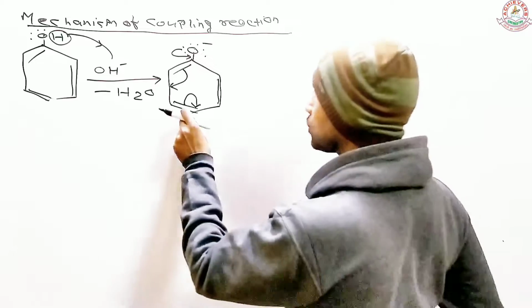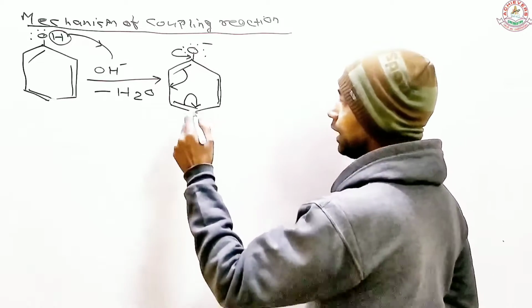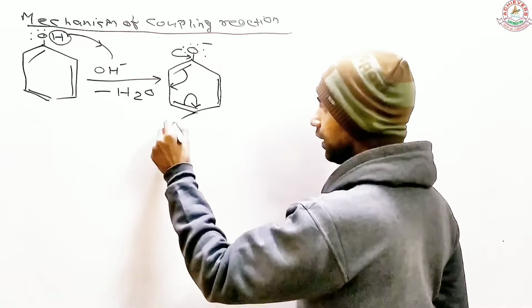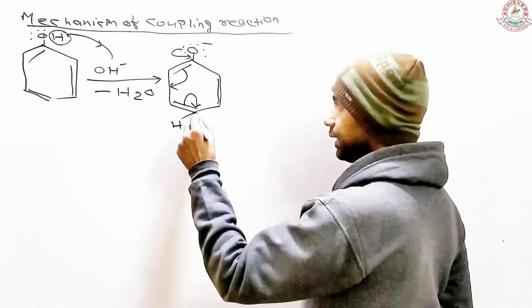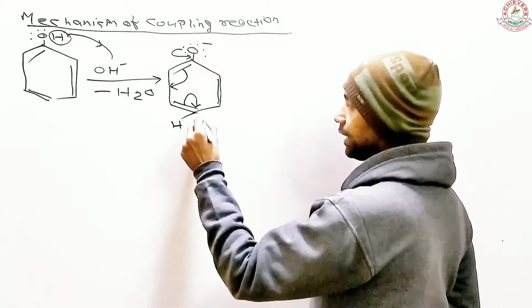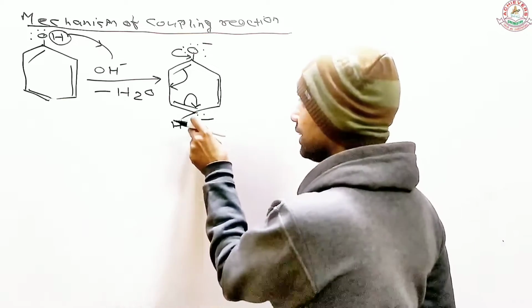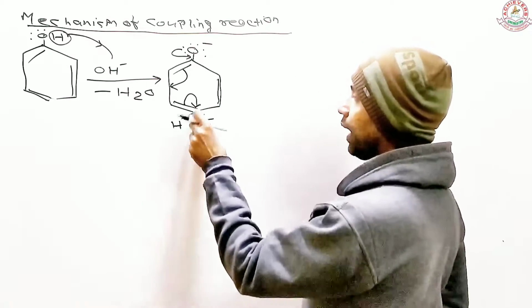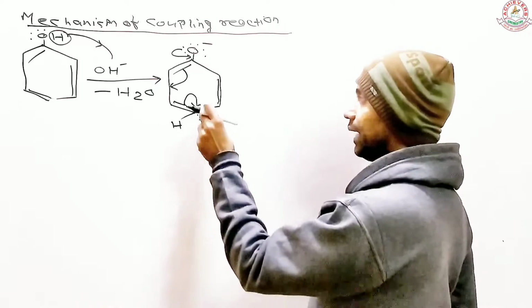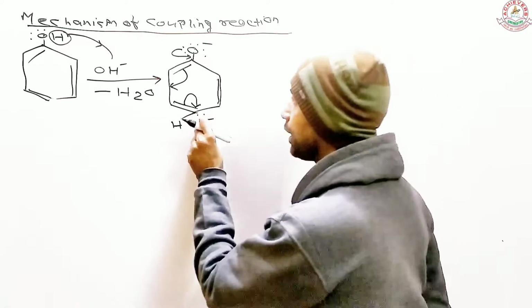Because of this shifting, the para position carbon, where there is a hydrogen, now has a negative charge because of the lone pair. This is the reason why the diazonium chloride attaches itself to the phenol at the para position.